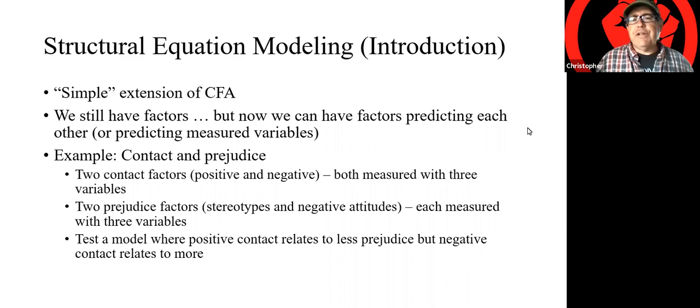And then I'm going to have 2 latent variables that represent stereotypes and negative attitudes. So these are 2 separate outcome variables. Each of those are also measured with 3 variables, 3 stereotype variables, 3 negative attitude variables. We're going to test a model where positive contact relates to less prejudice on both of those factors, but negative contact relates to more prejudice on both of those factors.